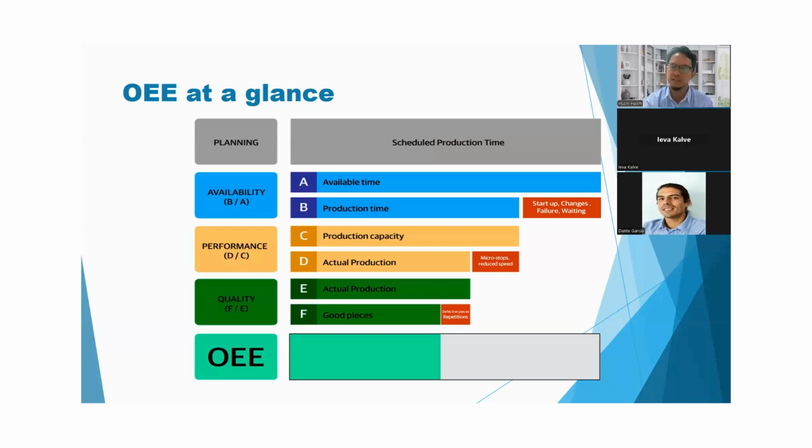Basically, it's not that much on the concept itself, but in terms of how to implement it, it will take some time to train your operators to key in the data if you're doing it manually, and then the engineer usually will keep track of all the data and try to summarize it in a few days to see what kind of OEE you had for the last few days.